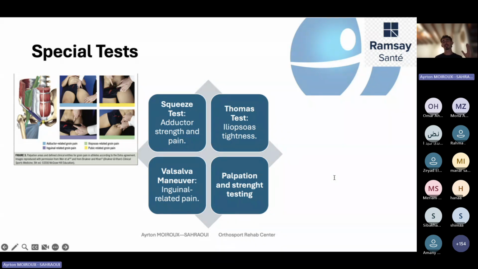Always use a dynamometer. Okay, I don't know if you guys use it in your clinical activities, but now you can buy it and the prices are really low. And if you want to work with athletes, you need to have something that can test the strength.